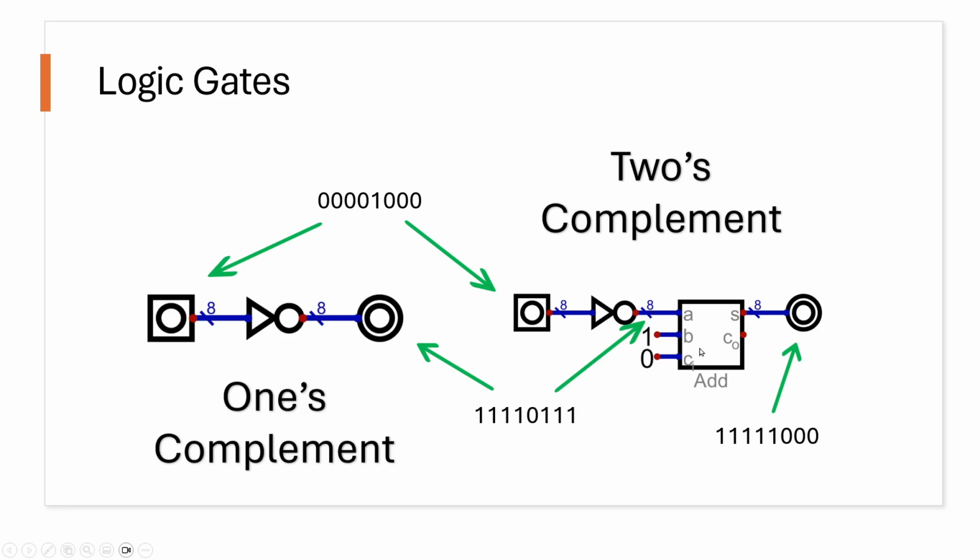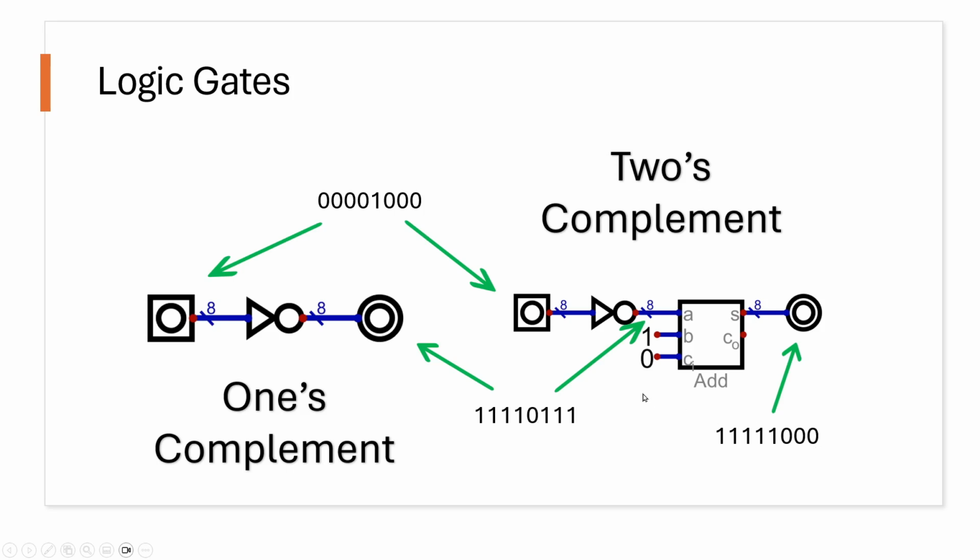But then with an adder, you add 1 to that number and you get this result, 11111000, which is equal in twos complement to -8. This is +8. This is -8 in ones complement, and this is -8 in twos complement.